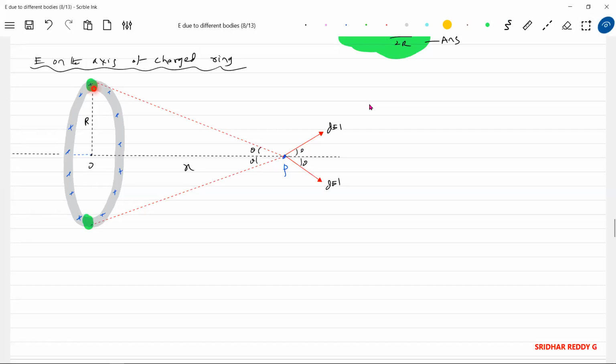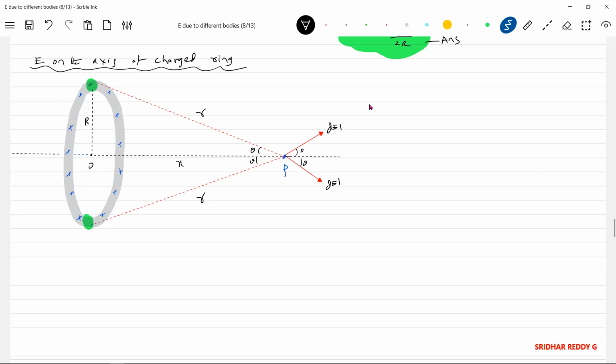I think every point on a ring will be equidistant from point P. It is like some sort of cone, and there's a base of the cone. So you take any point on the ring, it will be at the same distance from the point P. So I assume now two elements.